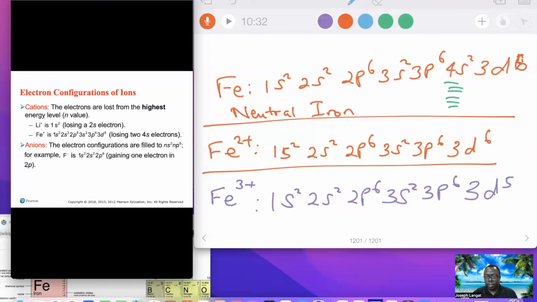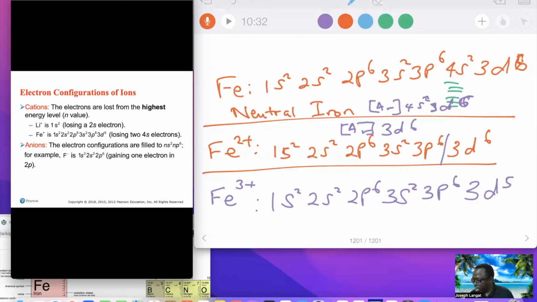Remember, we can also use the long form of electron configuration. This can be argon, which has 18 electrons, and then 4s2, 3d6 for Fe2+, argon up to this point, and then 3d6.